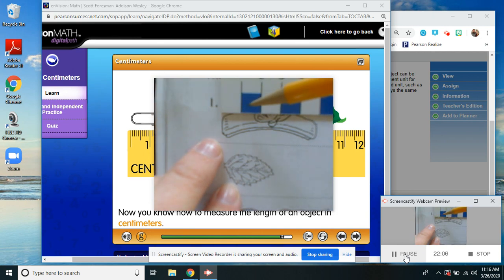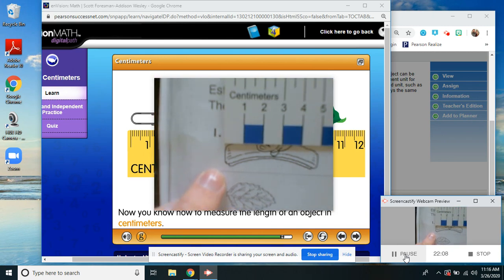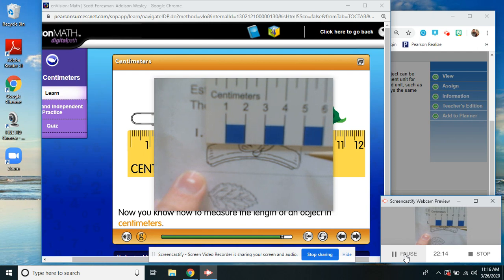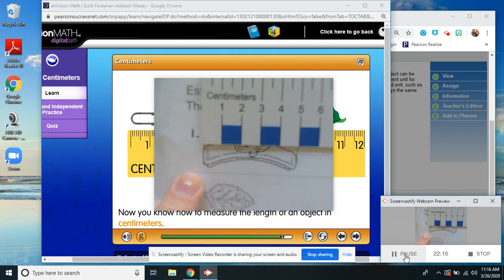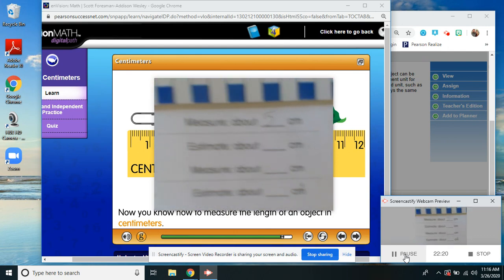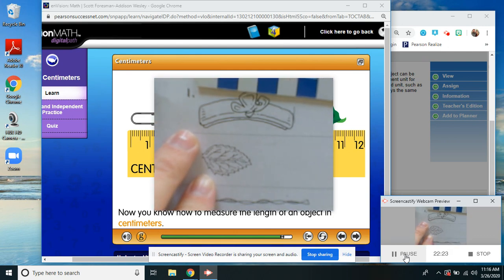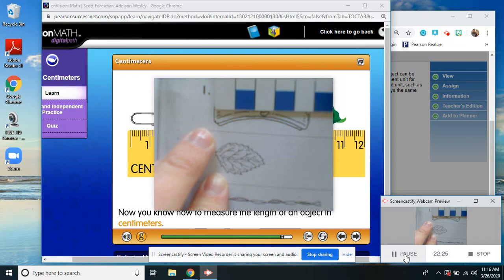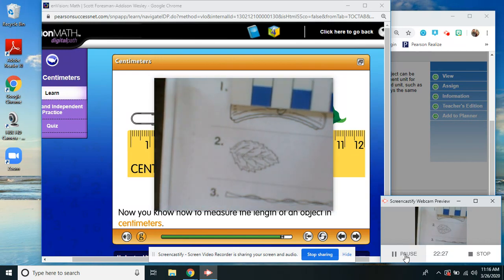We have 1, 2, 3, 4, 5. Oh, look at that. 5 centimeters long. That is our measurement of the barrette. It is about 5 centimeters. We say about because we might be off a little.